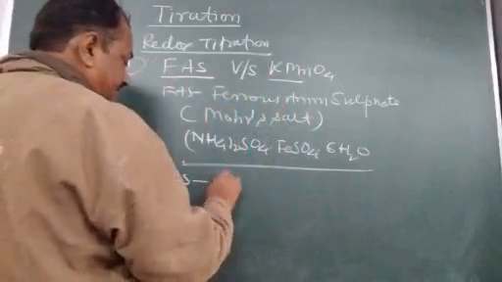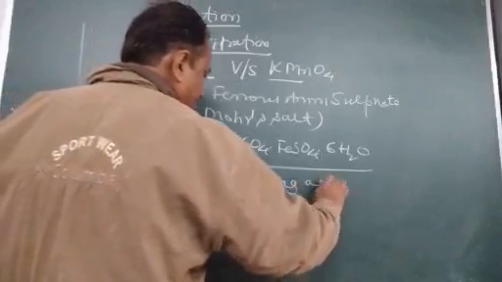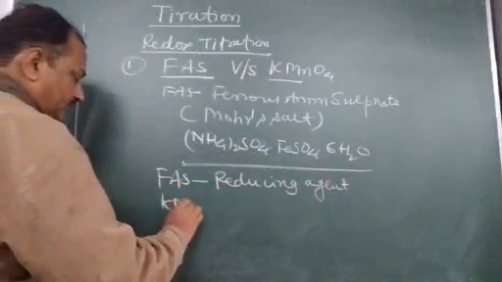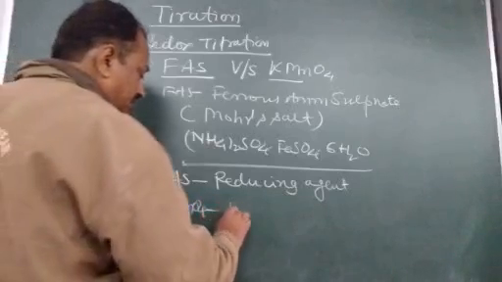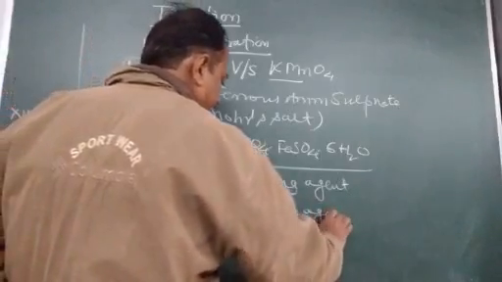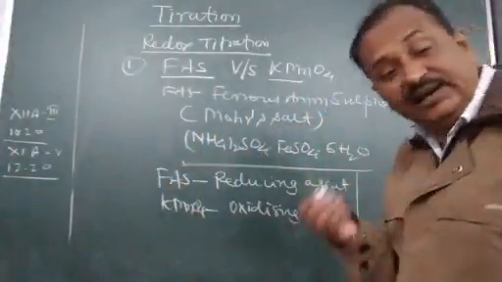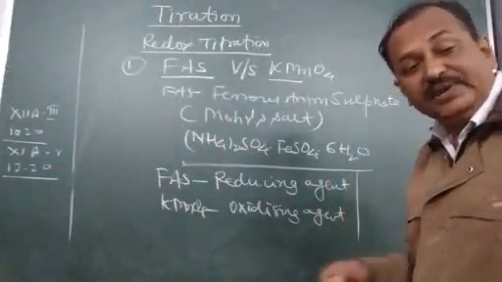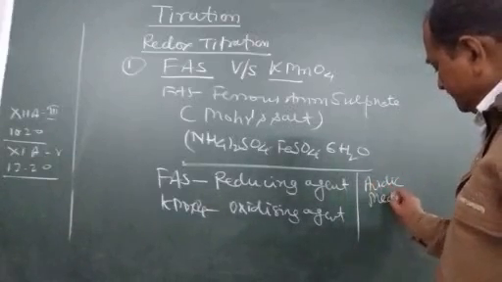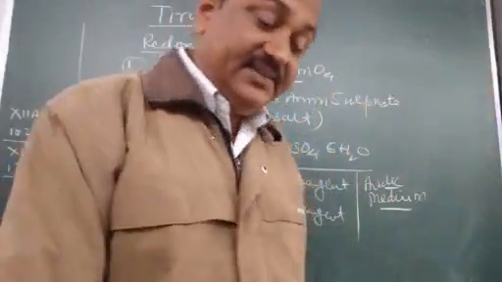FAS is the reducing agent, and this KMnO4 is the oxidizing agent, and here we allow the reaction to occur in acidic medium. So this is one titration.